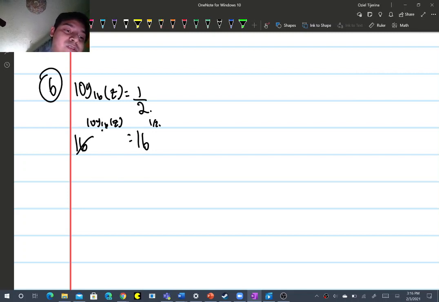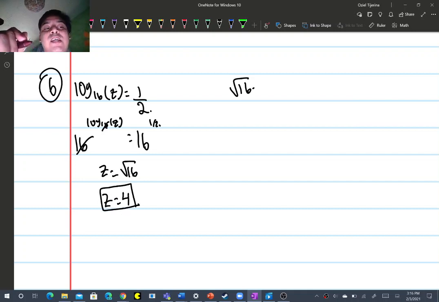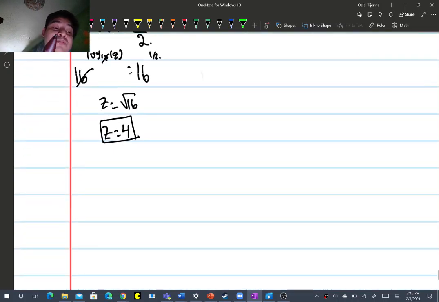Now, these two cancel out. 16 to the 1/2 is just the square root of 16. The square root of 16 is 4. So z is going to be 4. And it's not -4, because you can't take the log of a negative number, so it would just be 4.